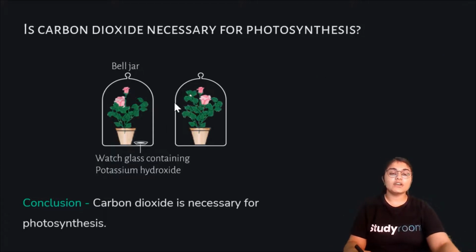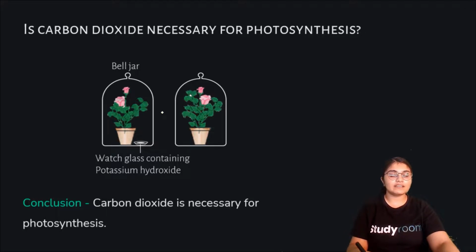We'll take 2 healthy potted plants and keep them in a dark room for 3 days, and then place a watch glass containing potassium hydroxide by the side of one of the plants. Now cover both the plants with separate bell jars.